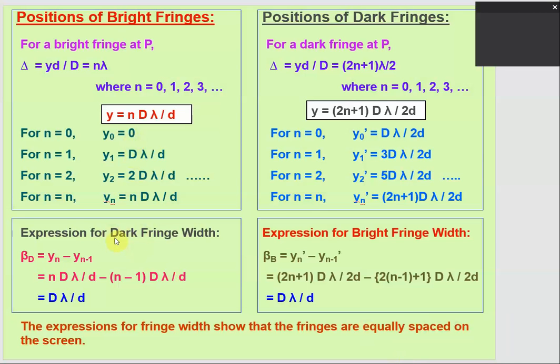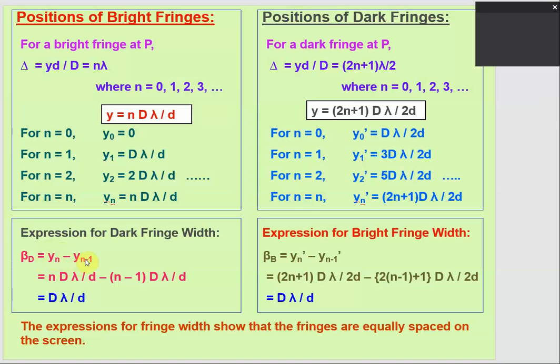So for finding the width of the dark fringes, we find the difference of the positions of any two successive bright fringes. For example, if one bright fringe is located at the nth position, its distance from the center of the screen is yn, and just before it is yn minus 1.